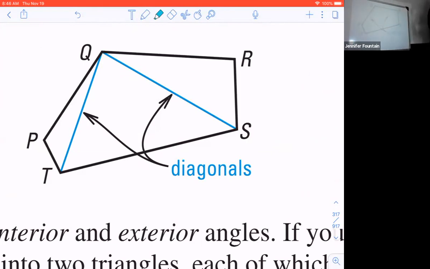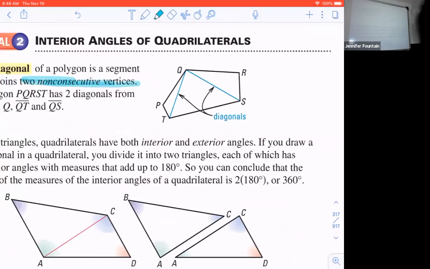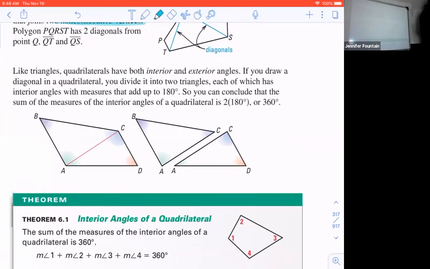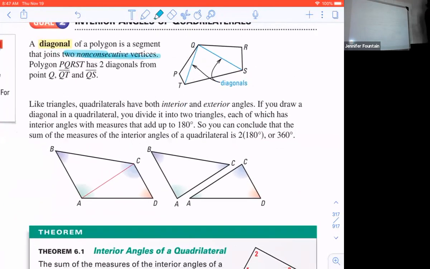But S and T are not consecutive. So when I connect those 2 points with a line, we call those diagonals. It says, like triangles, quadrilaterals have both interior and exterior angles. Oh, real quick to mention, a four-sided quadrilateral is going to have two diagonals. So how many triangles was I able to break that shape into?